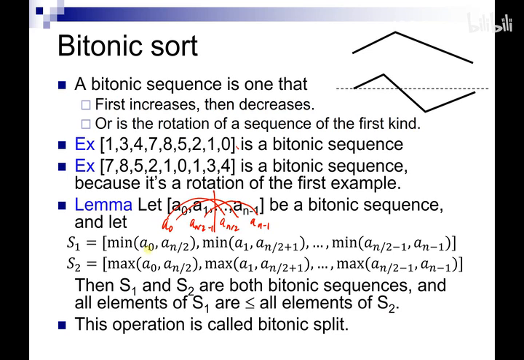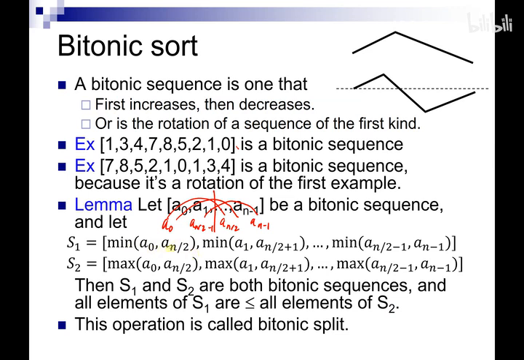Okay, so that's what we're doing over here. We're matching up these values, right? A0 gets matched to a of n over 2, a1 gets matched to the next element, and so on. After you do this matching, suppose you compute the min of each of these pairs.